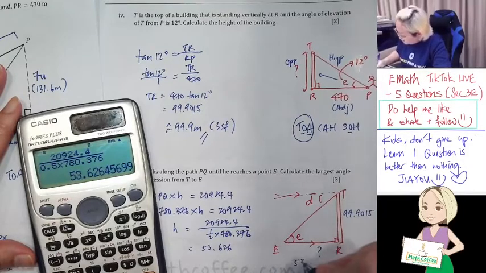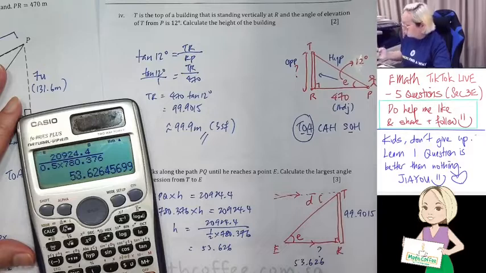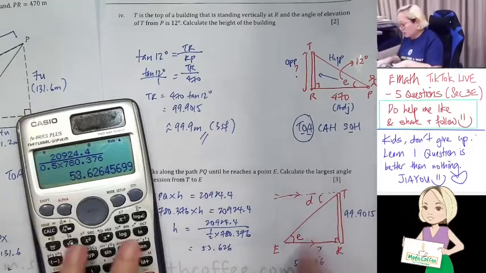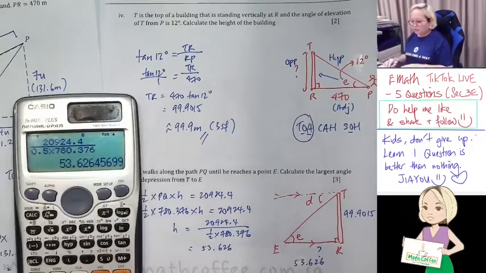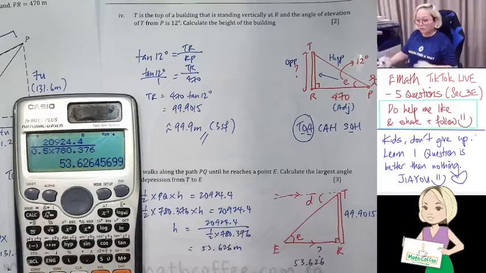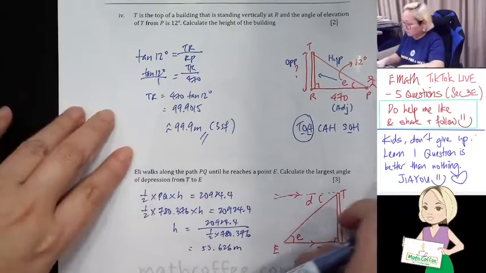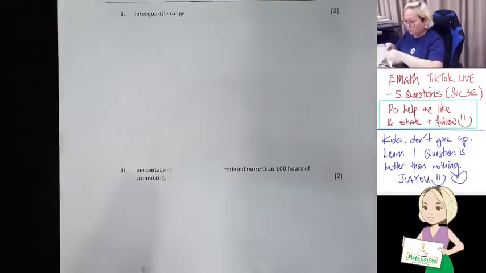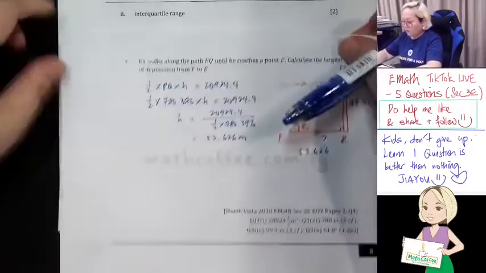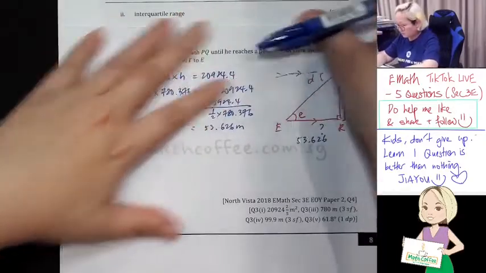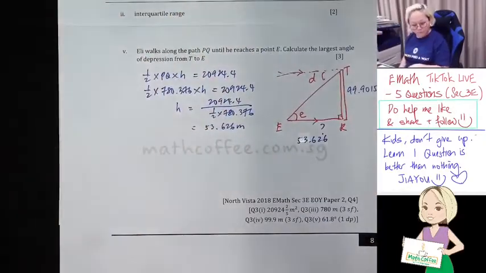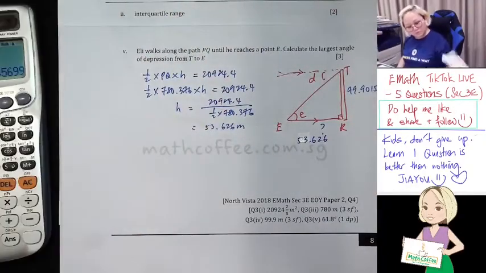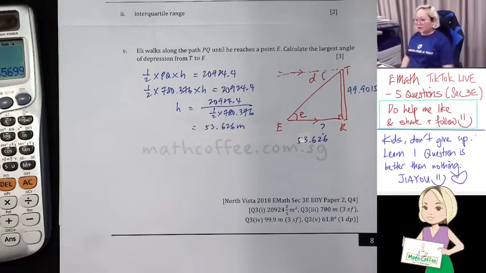I hope this time round you all know whether to take sine, cosine or tangent. So now I want to find my elevation. So should I take sine, cosine or tangent?